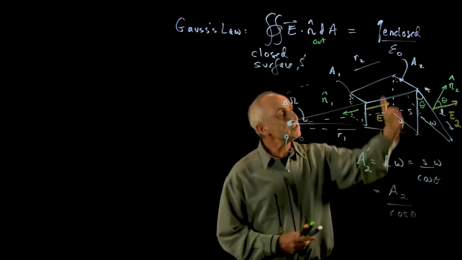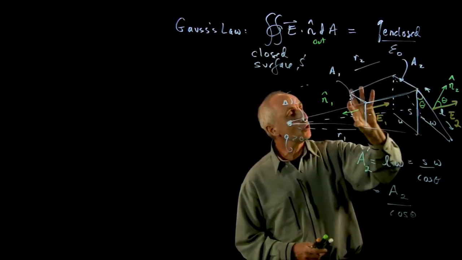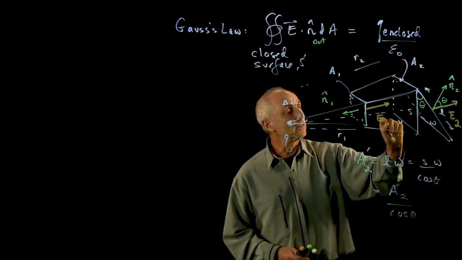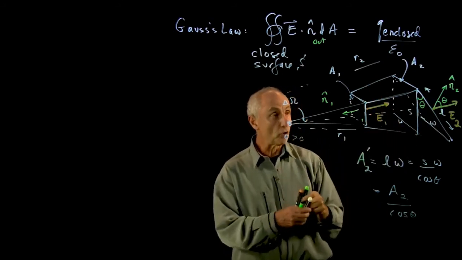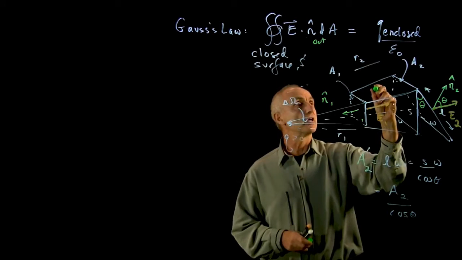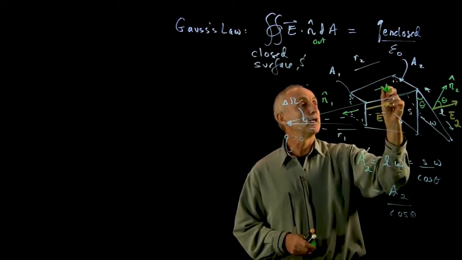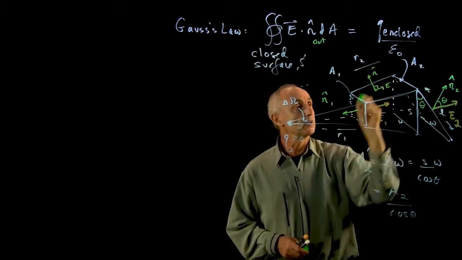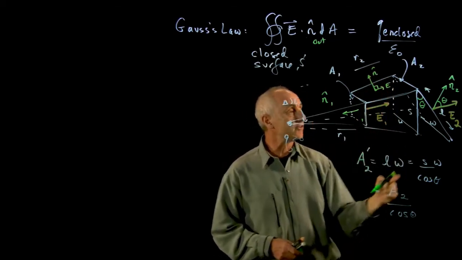So when we look at this closed surface with one face here and the other face there, remember, on these other four faces there's no flux, because the electric field is along the surface and the unit normal is perpendicular.